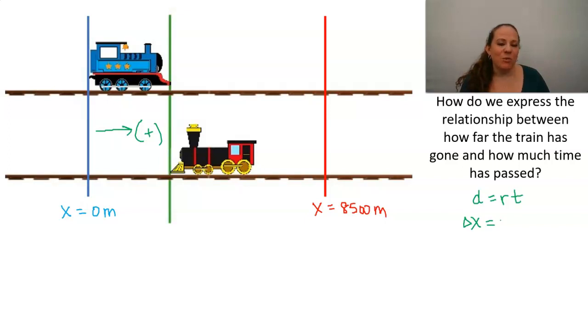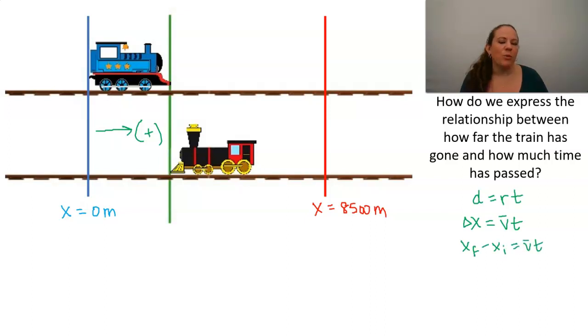That change in position will be equal to the train's average velocity. And again, because each train has only one speed in one direction during the time period we're considering, the average velocity will simply be the train's velocity multiplied by the time interval. I'm going to elaborate a little further that change in position is final position minus initial position.